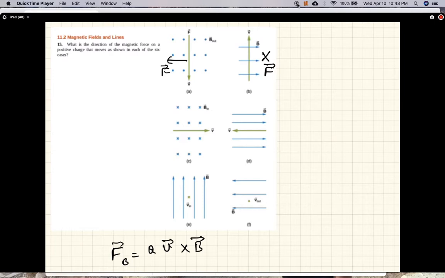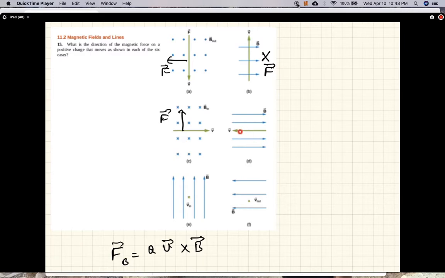All right, let's look at C. The velocity is to the right, and the B field is into the plane of the paper. So if you turn the screw from V toward B, the screw would move in the upward direction. Okay, so the force would be in that direction.